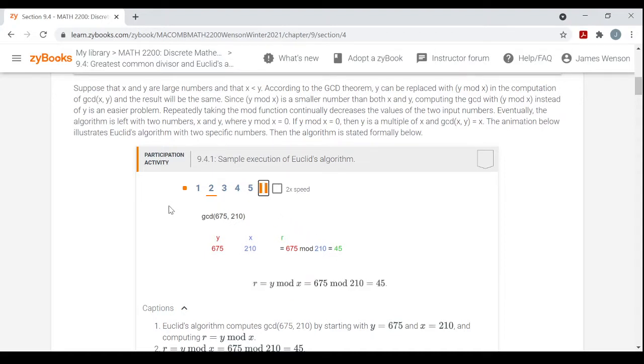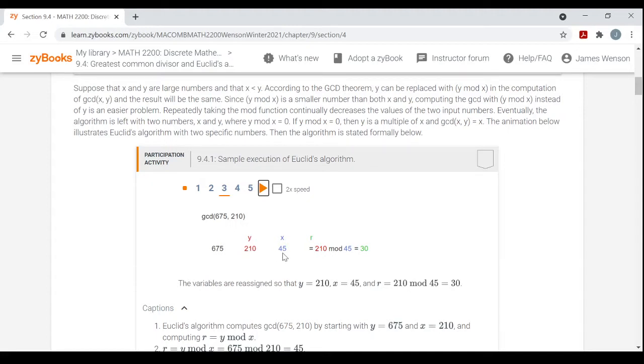And that's what they're going to do next: switch it over and then just repeat the process. Initially it was the greatest common divisor of 675 and 210. By that theorem, that'll be equivalent to the greatest common divisor of 210 and 45.